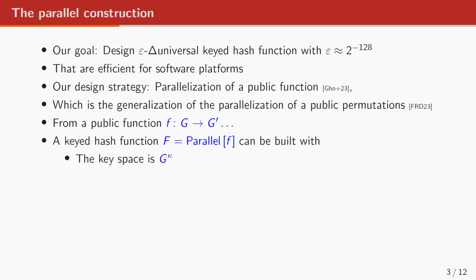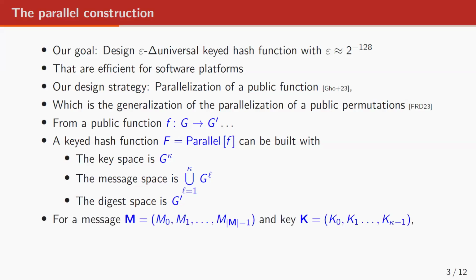In this keyed hash function, the key space is G to the kappa, where kappa is assumed to be a large positive integer. So we make the assumption of long independent keys, which can be pre-computed. The message space are all vectors with elements from the group G and whose length is at most kappa. And finally, the digest space is the same as the codomain of the public function f.